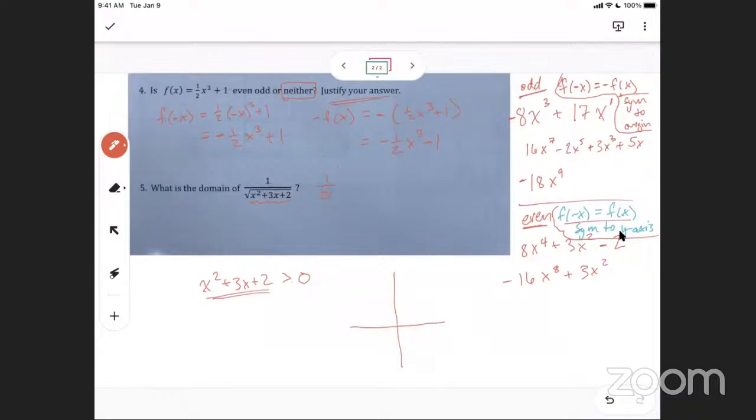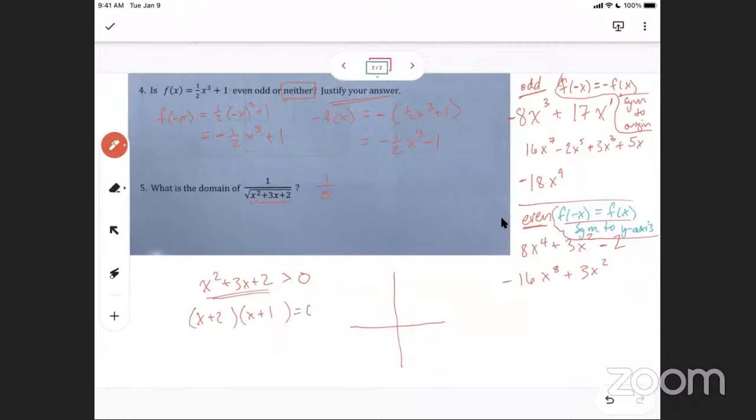Do you remember how to graph quadratics? Yeah. To graph a quadratic, you can put it in vertex form, but I'm not going to mess with that. I'm going to factor this into x plus 2 and x plus 1.